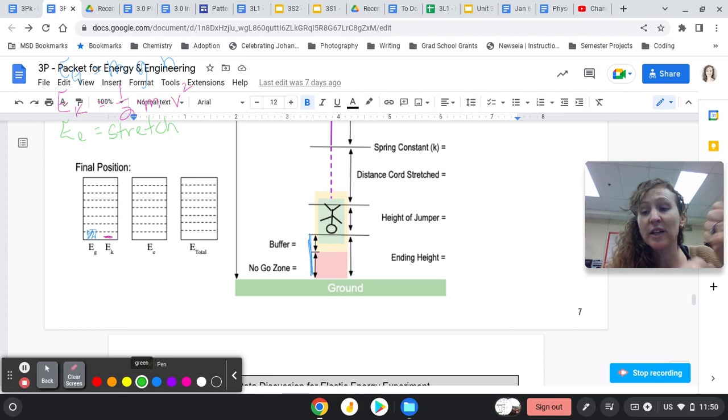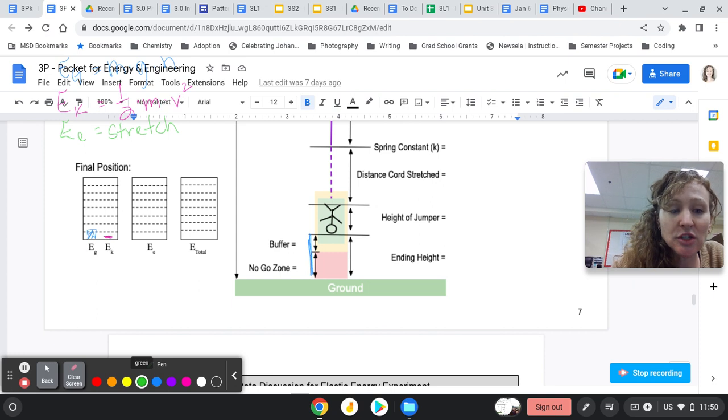Our cord, however, is stretched as much as it possibly can be stretched. And so all of that potential energy that was lost is actually transferred into elastic energy. So our total energy here is going to be elastic energy plus gravitational energy. I'll write that down.